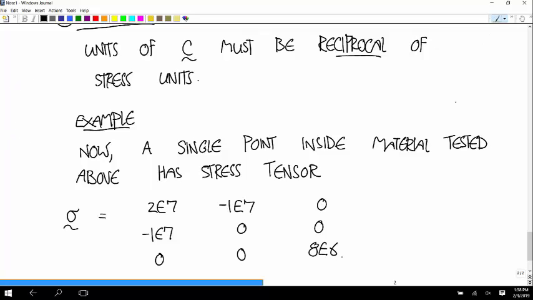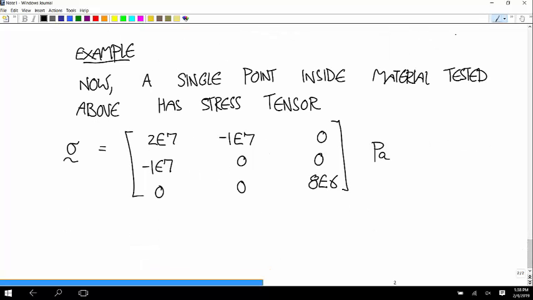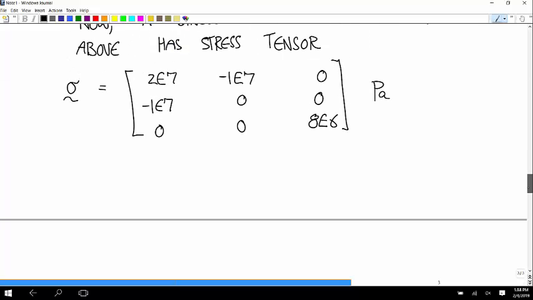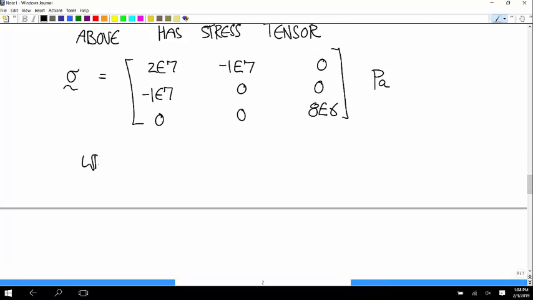And this is in pascals. What is the resulting strain at that point?